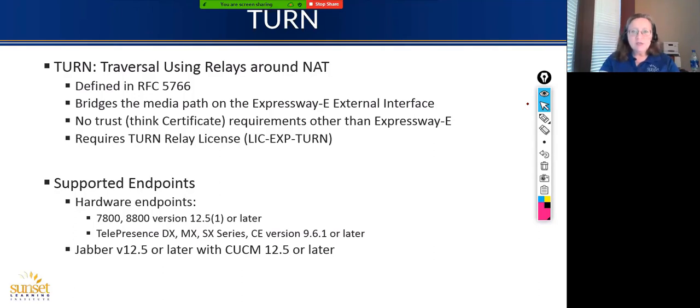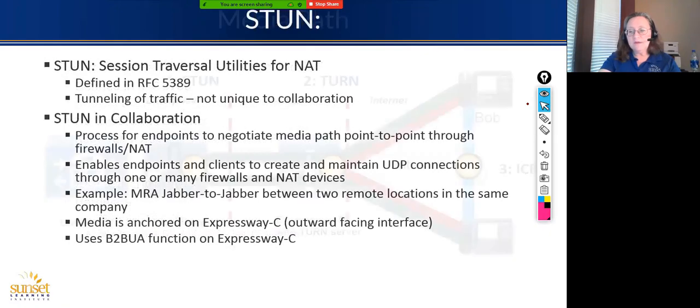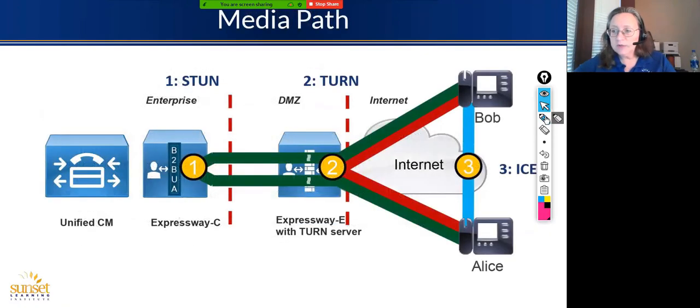Your Expressway E should already have its server certificate set up with a public CA having signed those certificates to make it work best, right? And because the only thing these endpoints need to trust, they don't need to trust each other, they need to trust this guy, which they already do, because this server is signed with a verifiable certificate and therefore encryption keys.